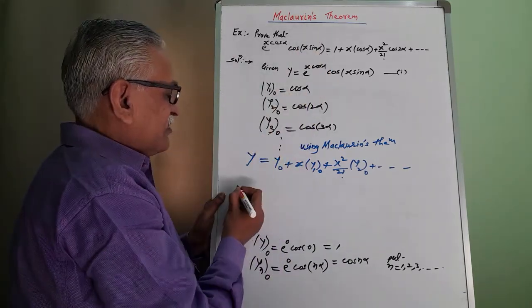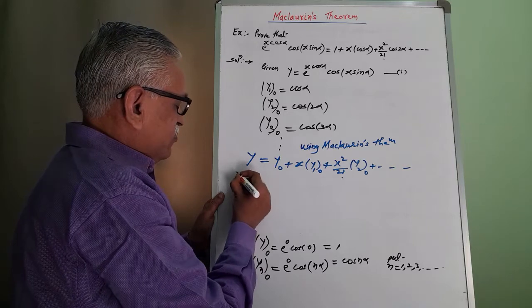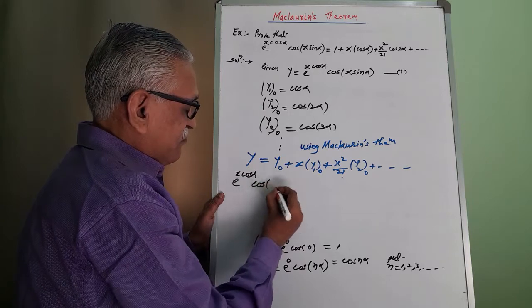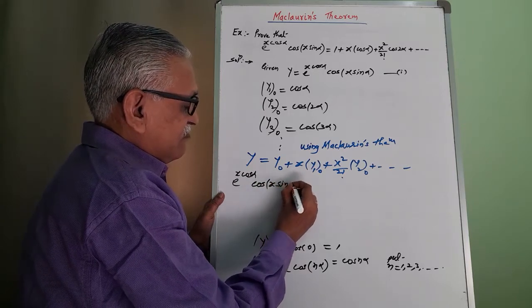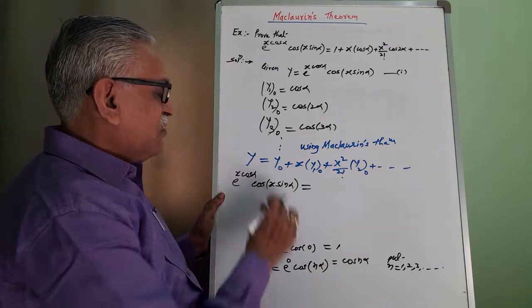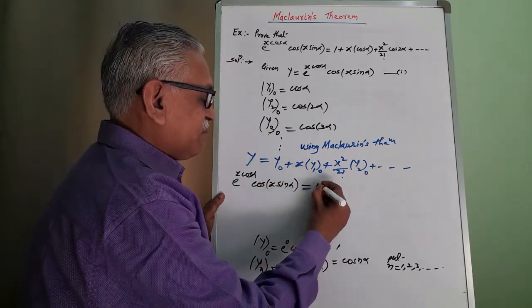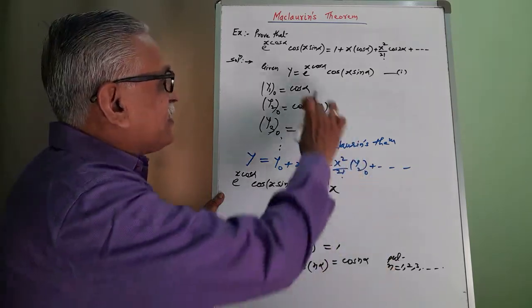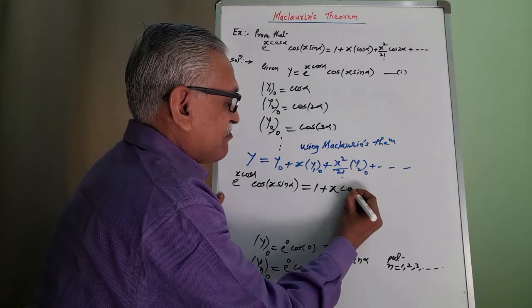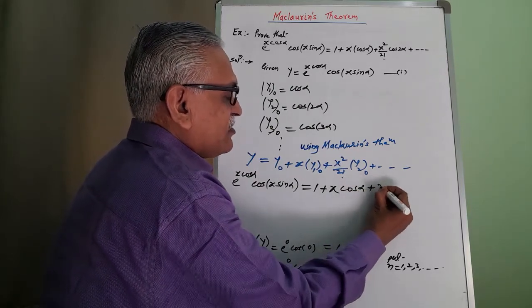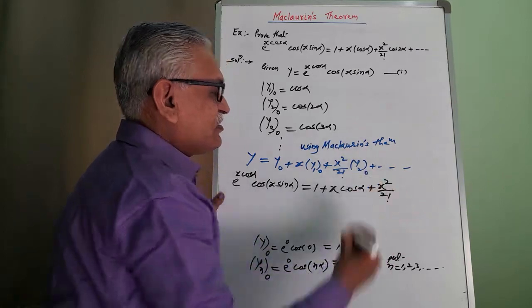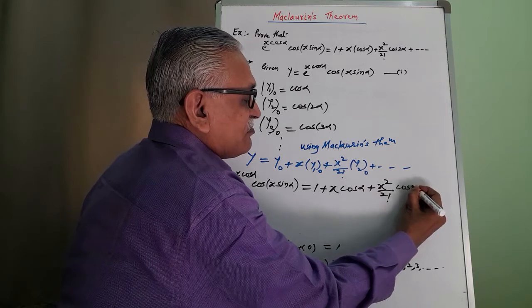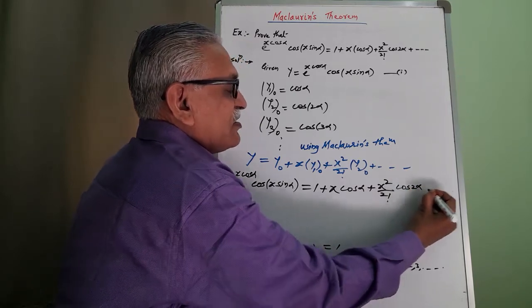Y is the given function e raised to x cos alpha into cos of x sin alpha, equal to y0, whose value is 1, plus x into y1 at 0, whose value is cos alpha. Next is x square by 2 factorial, y2 at 0, which is cos of 2 alpha, and so on.